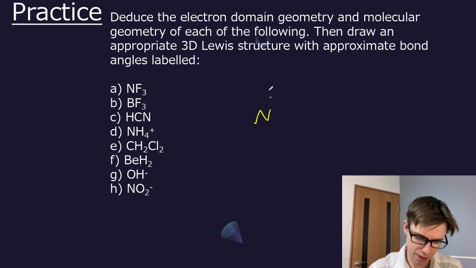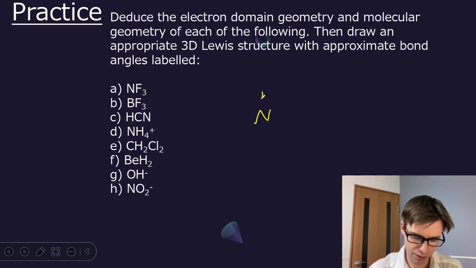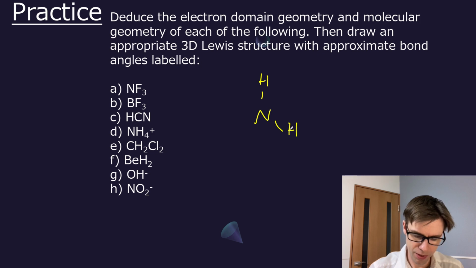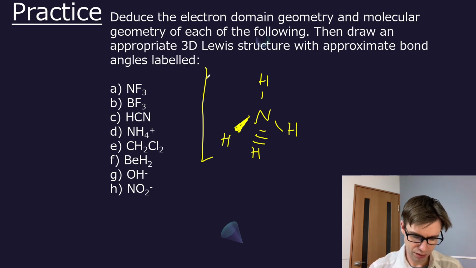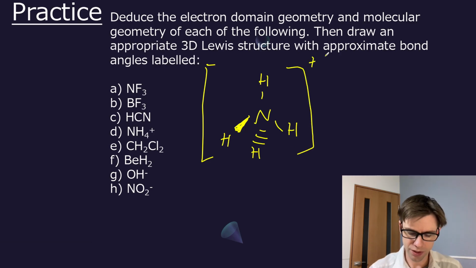All right, NH4 plus, I feel like we've talked about this a lot as well, so I'm going to choose two of these H bonds and make them in the plane of this screen. Another one, dashed line, and the last one, wedge line. Don't forget that positive charge, so this needs to be in brackets, or at least the positive charge labeled on the nitrogen. Okay, there shouldn't be any other lone pairs, but we need the angle.